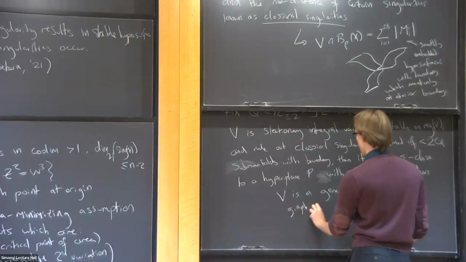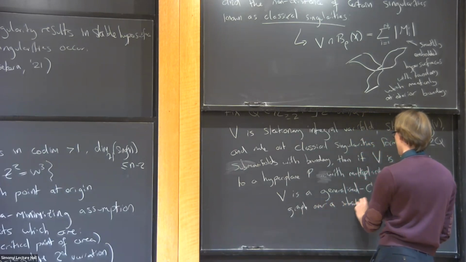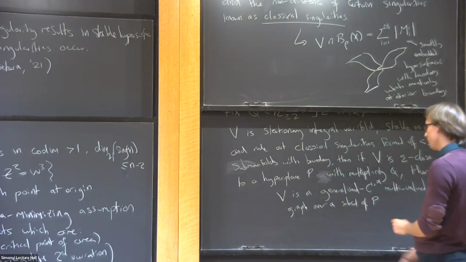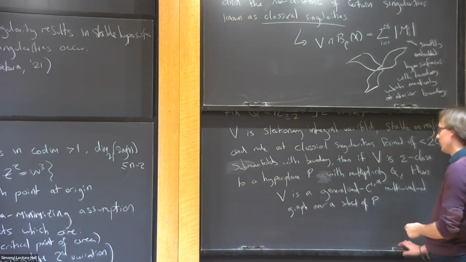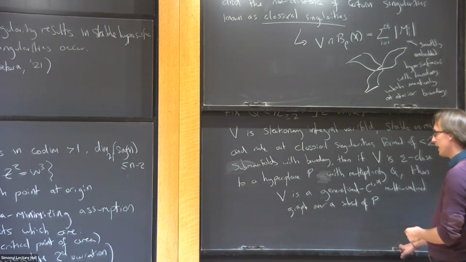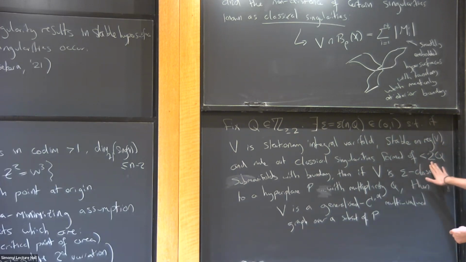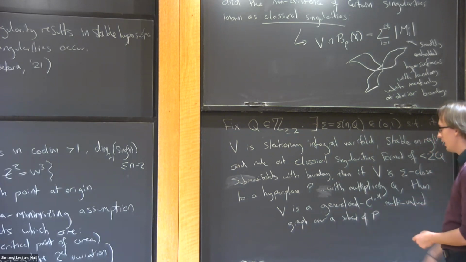A graph over a subset of P. Again, this is imprecise because it should be restricting to certain sets, but morally, once you're close to a multiplicity Q plane, if you're ruling out classical singularities formed of fewer than 2Q sheets, then I actually have this sort of graph structure and the situation is better understood.